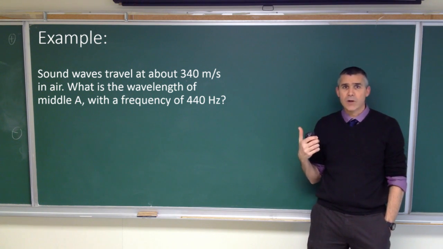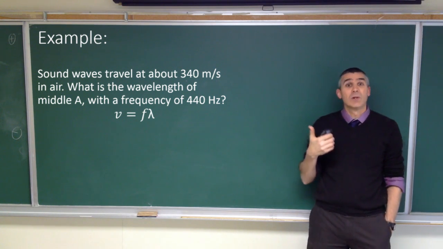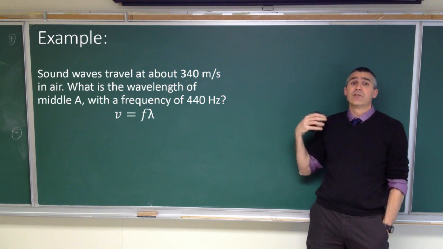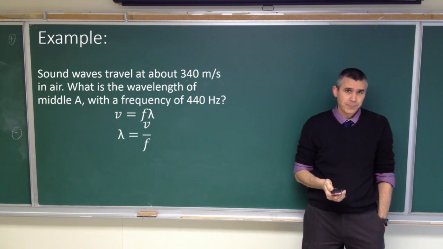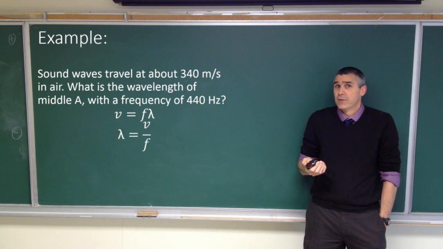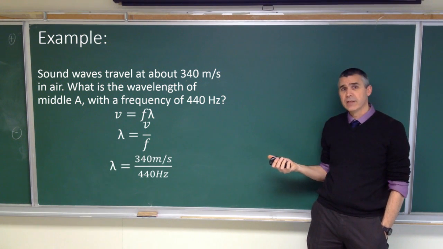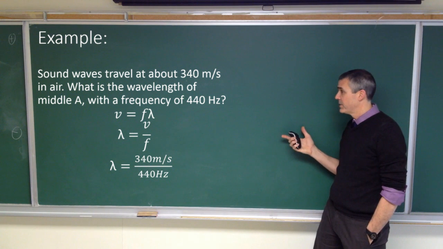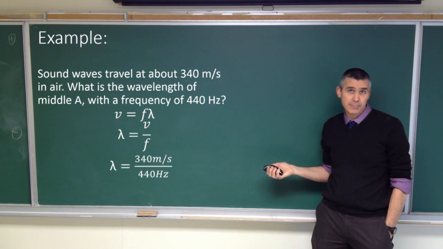Okay. Go back to our equation. v is equal to f lambda. What are we looking for? We're looking for the wavelength, which is lambda. So we're going to rearrange our equation. Lambda is equal to v over f. And then we just have to plug in our values. So our speed, v, was 340 meters per second, and our frequency was 440 hertz, or cycles per second.